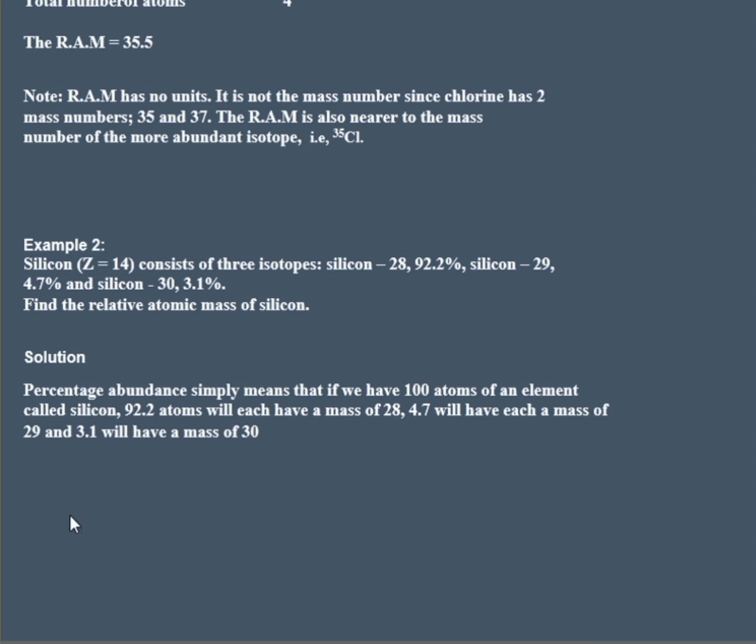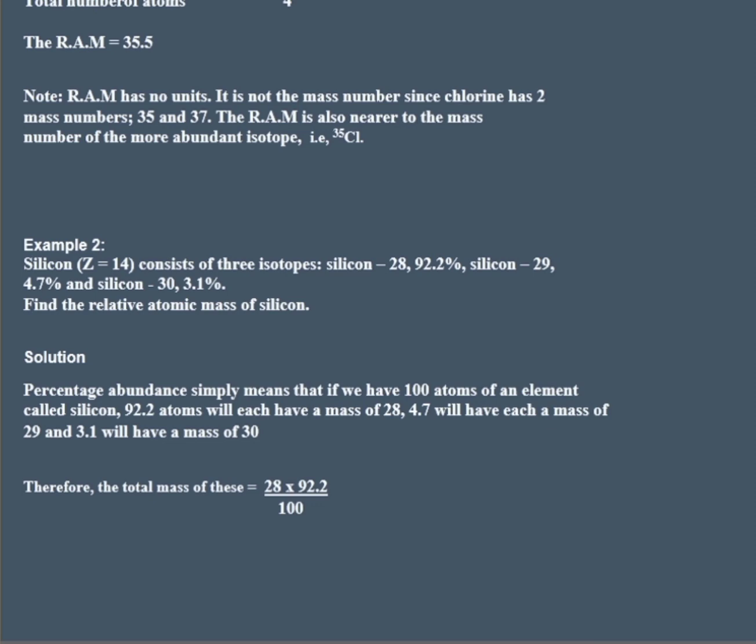Therefore, for the first one, the total mass will be 28 multiplied by 92.2, then we divide it by 100.